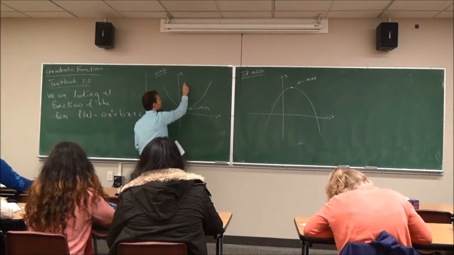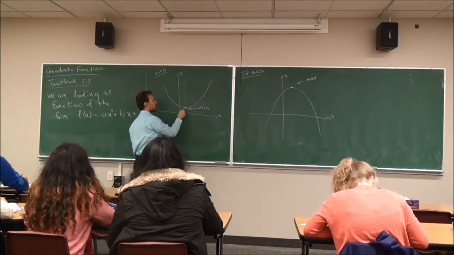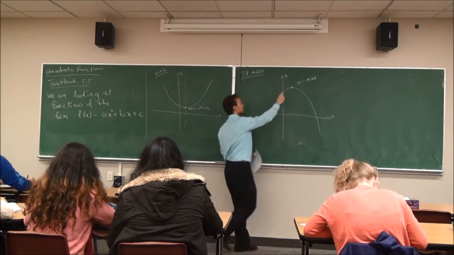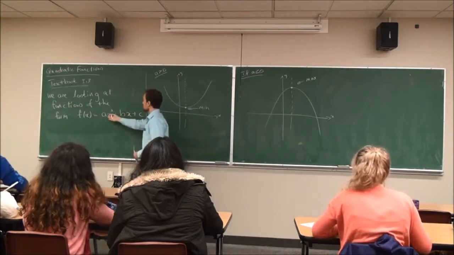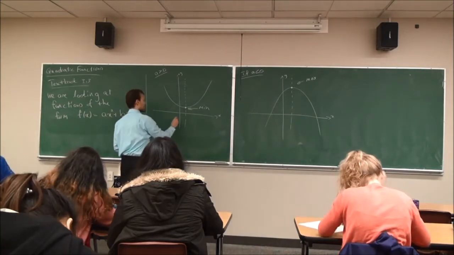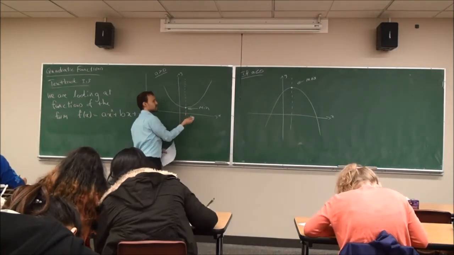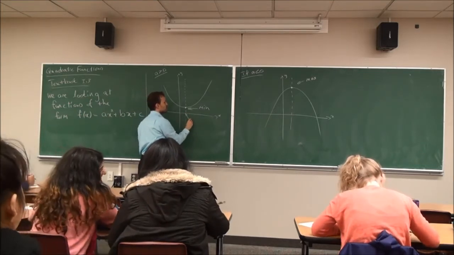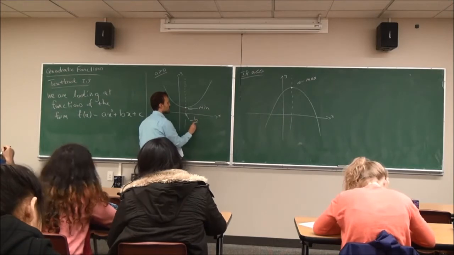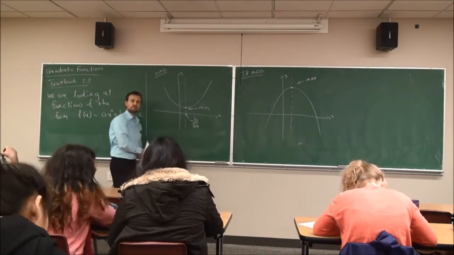Now, the x value where this minimum and this maximum occurs depends on a, b, and c. How does it depend? This is just something I have to remember. This x value is given by negative b over 2a.